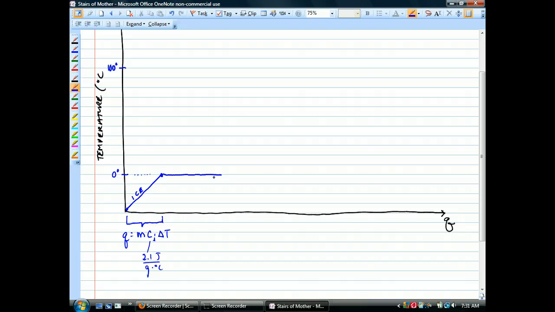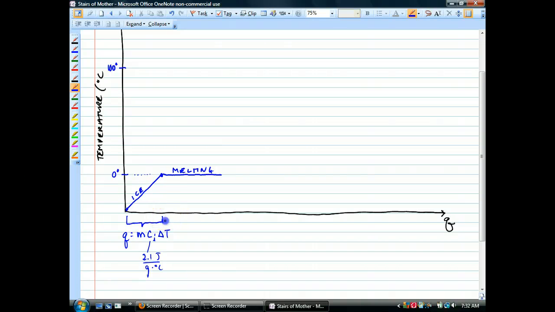There's actually a big swath of the x-axis where I'm adding heat, but the temperature's not changing. How can that be? Josh? It's changing from one phase to another? Yeah, apparently. And now on this line right here, what's happening is the ice is melting. Apparently melting takes energy. Makes sense, right?